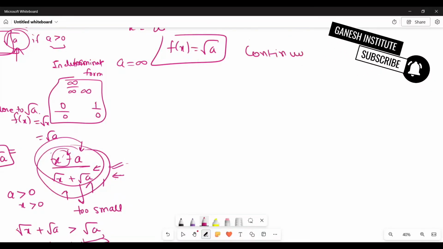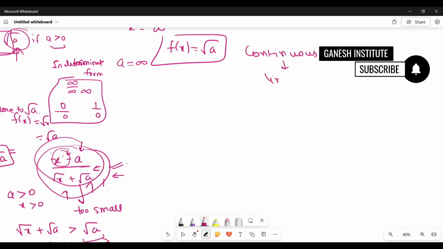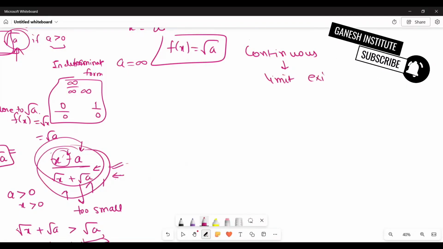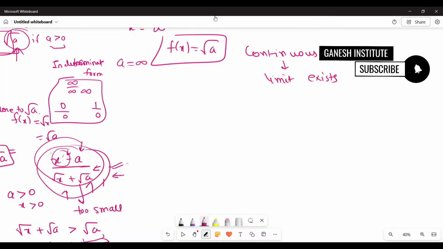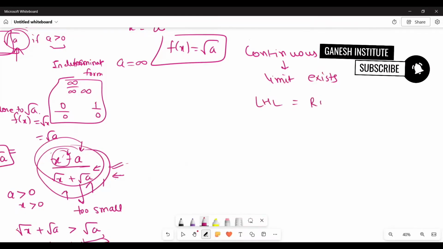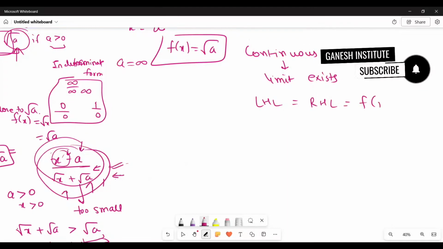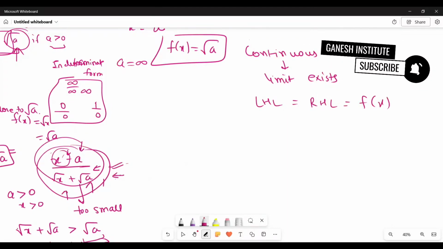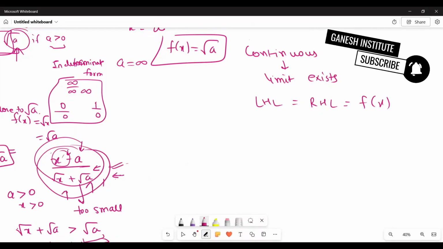As you know, for a continuous function, the limit exists. What does it mean? That the left hand limit is equal to the right hand limit is equal to the function itself. So the square root function is actually a continuous function.